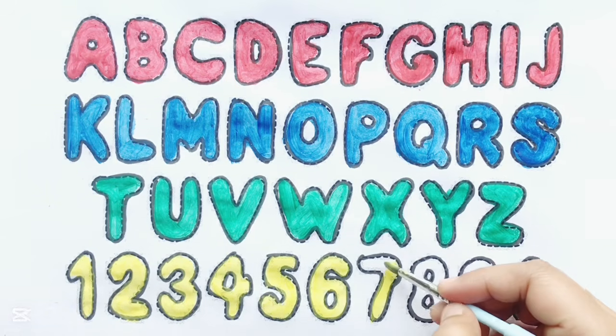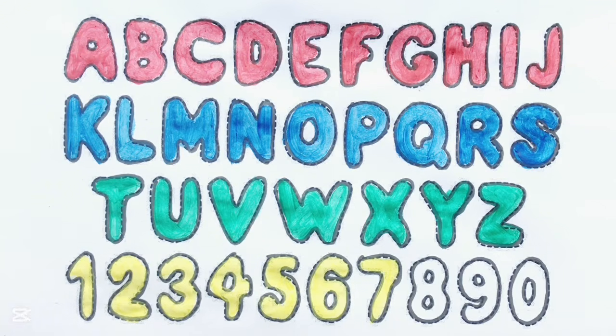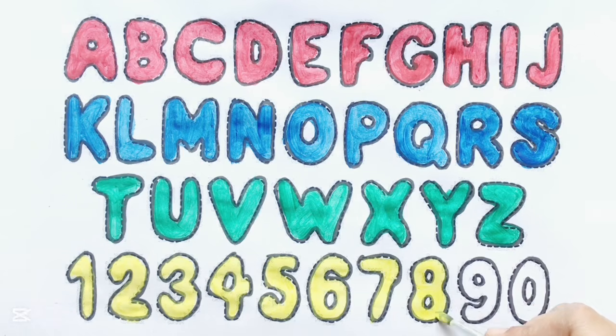Number 7, amazing art. Number 8, angel, address, animal, answer. April, autumn, number 9, airplane, arrow, alligator, ant. Amazing art. 1, 2, 3, let's go.